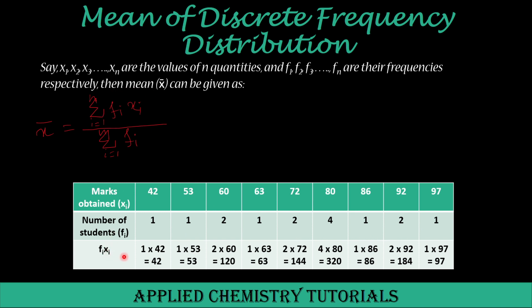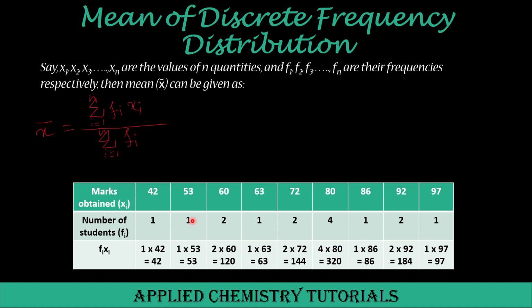fi xi is determined as fi multiplied by the corresponding xi. For the first column, the first number that appears is 42, and the number of students who got 42 is only 1. So fi xi equals 1 multiplied by 42, which equals 42.